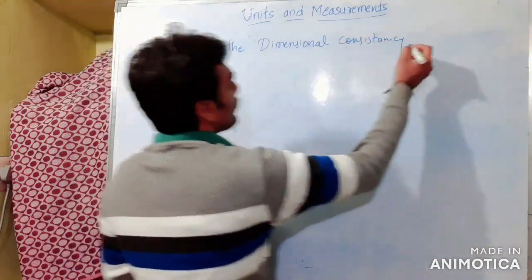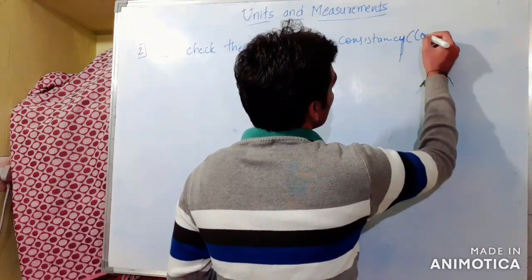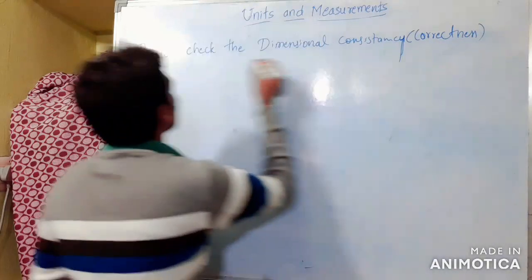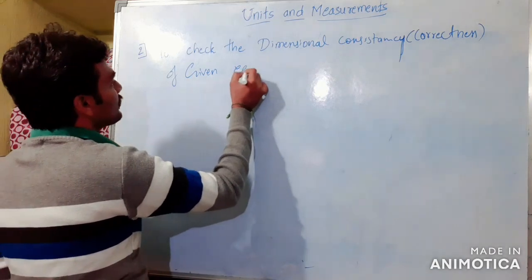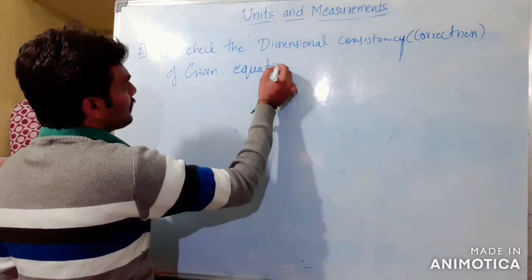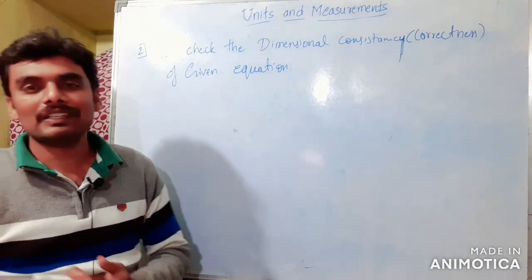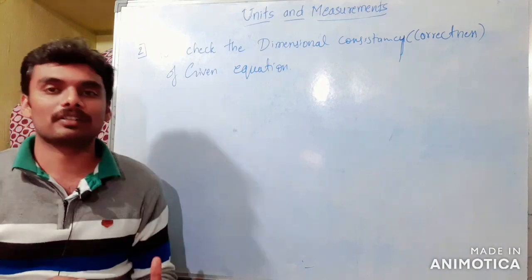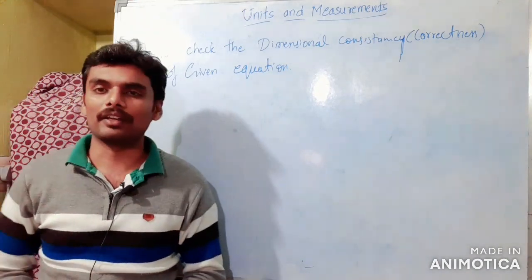Instead of dimensional consistency we can also say to check the correctness of a given equation. What do you mean by this? So we can check whether the given equation is correct or not. Yes, that can be checked using dimensional analysis.